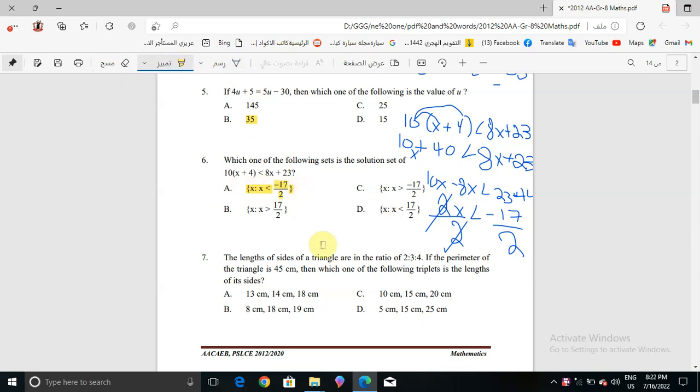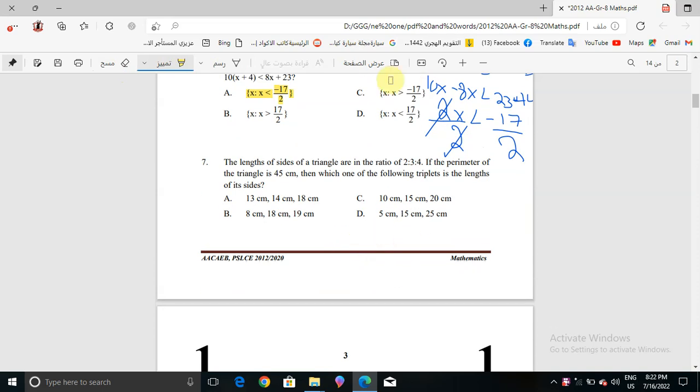Okay, now question number 7. In question number 7, it says the lengths of the sides of a triangle are in the ratio of 2:3:4. If the perimeter of the triangle is 45 centimeters, in which one of the following triples is the length of its sides? Now what we'll make here, we have 2:3:4, right?